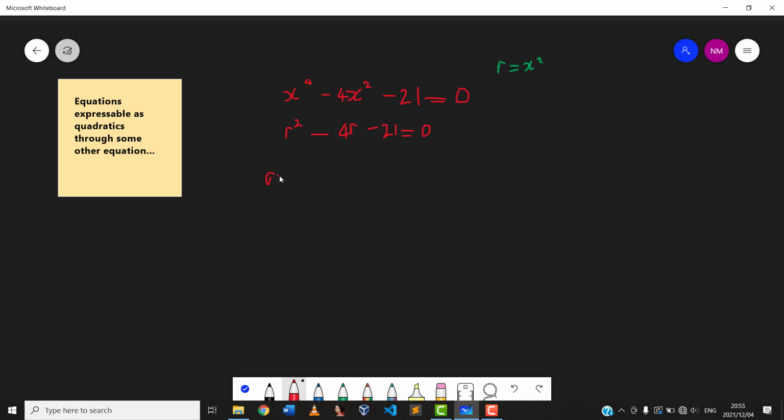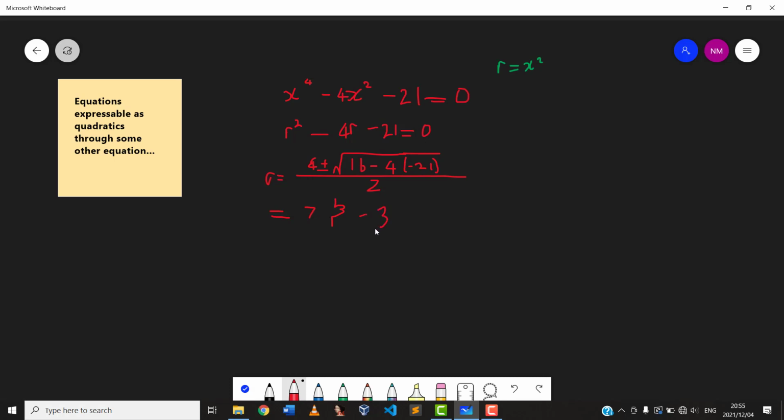So r equals 4 plus minus, which is equal to, let's just compute that in my calculator. So r is equal to 7, or r is equal to minus 3.